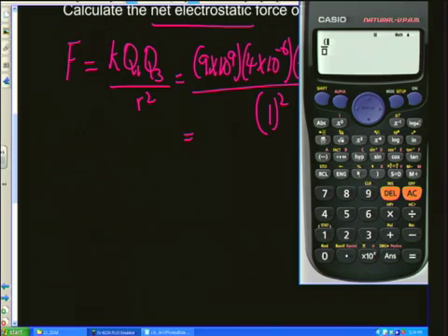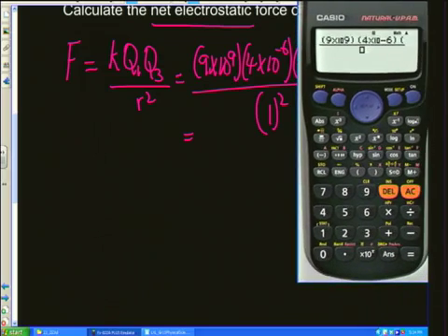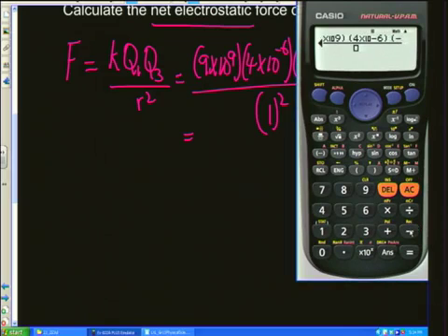You just straight away use that. So this is 9 by 10 to the 9 times 4 by 10 to the minus 6 times, what is this one here? Minus 5. So minus 5 by 10 to the minus 6, okay? We're dividing by 1, okay?